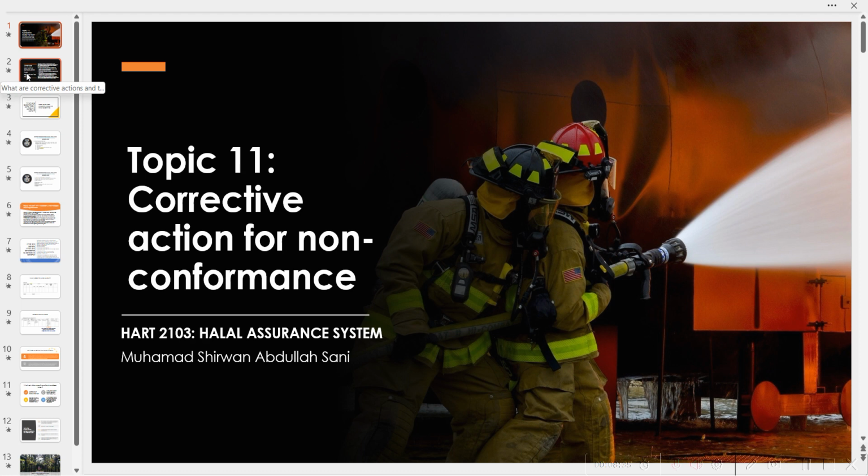In Malay, we call it langkah pembetulan untuk ketidakakuran. Alright. Kejap baca bahasa Melayu, kejap bahasa Inggeris. Tapi nanti jangan pelik. If you go for audit by our government, because we are Malaysia, please take note, that is the language that they will be using for communication.